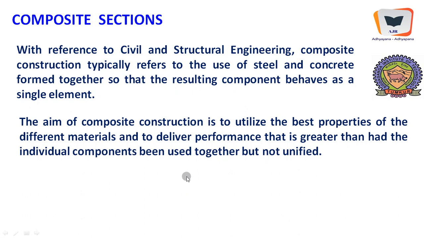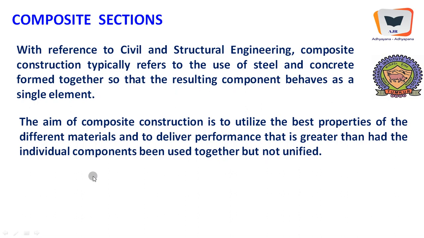Let us say, had we developed a beam fully made out of concrete, when a beam bends, the bottom zone will be subjected to tension and the top zone will be subjected to compression, and the portion which is subjected to compression will be steadfast, it will remain there, while the portion that is subjected to tension will develop cracks. So there is no unified behavior as far as this particular example is concerned.